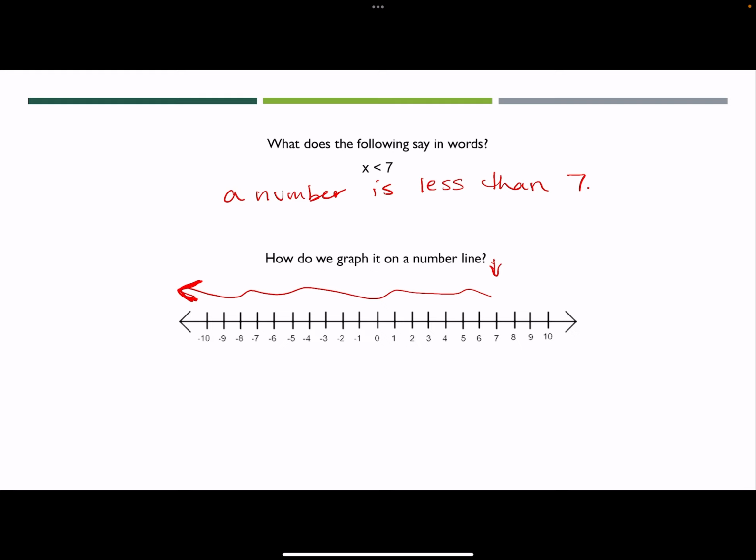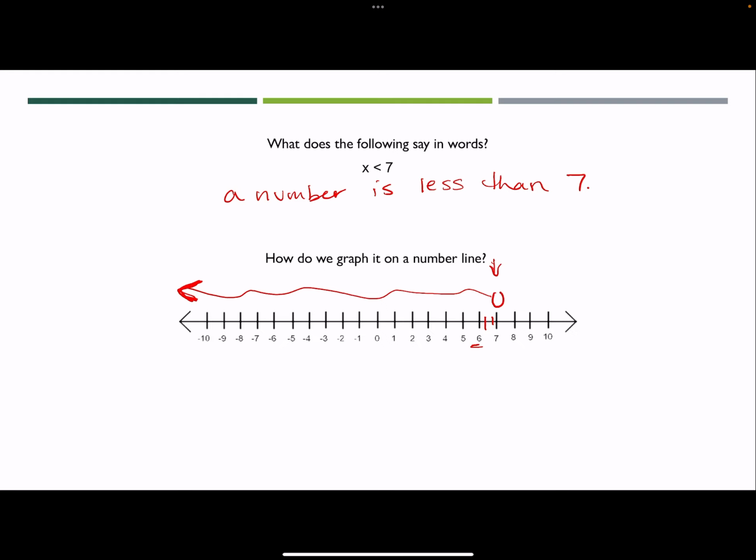Does it stop at 7? Because 6 certainly is less than 7. But isn't 6.5 less than 7? Isn't 6.8, 6.9 less than 7? So we want to go all the way up to the number 7, but we don't want to include 7 because 7 is not less than 7.